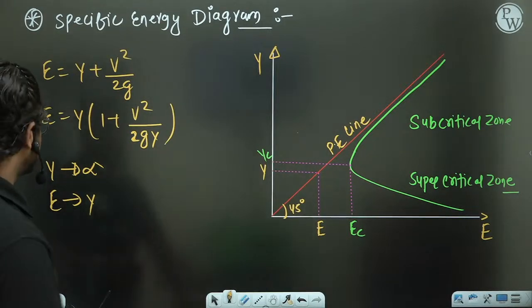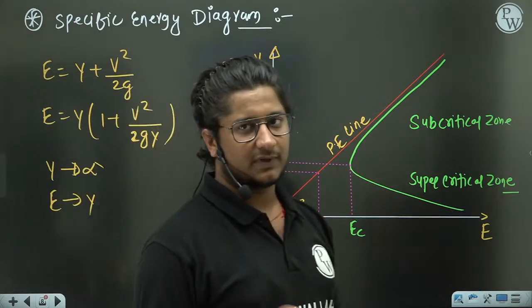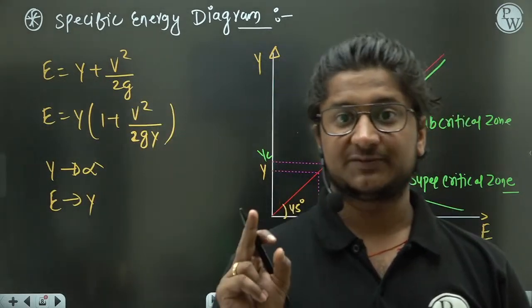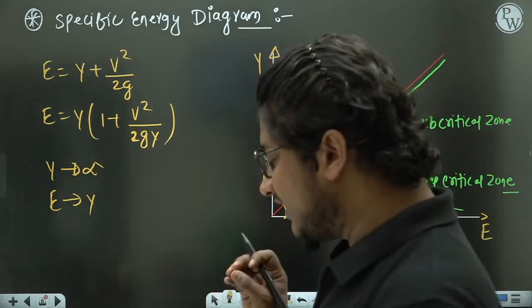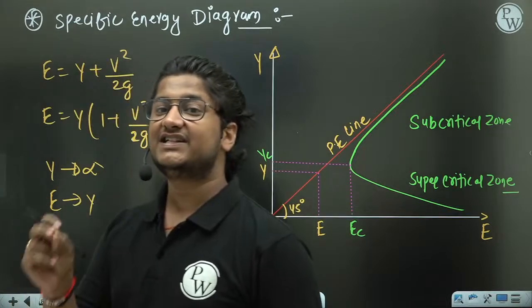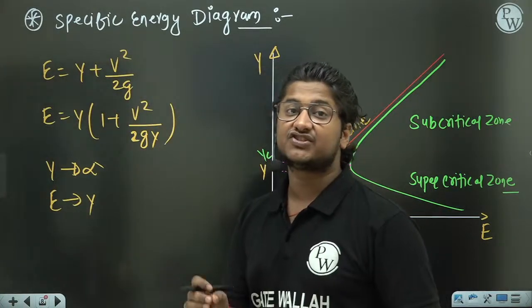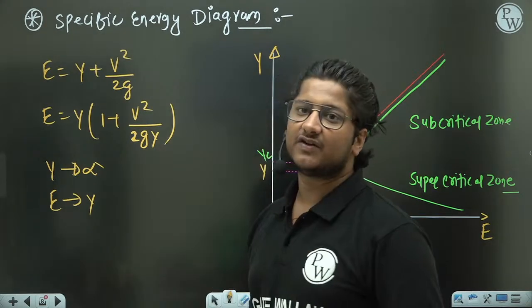A few things you need to understand, and you can note this point down: every specific energy curve is drawn for a given discharge. If you change the discharge, a different specific energy curve will be there.